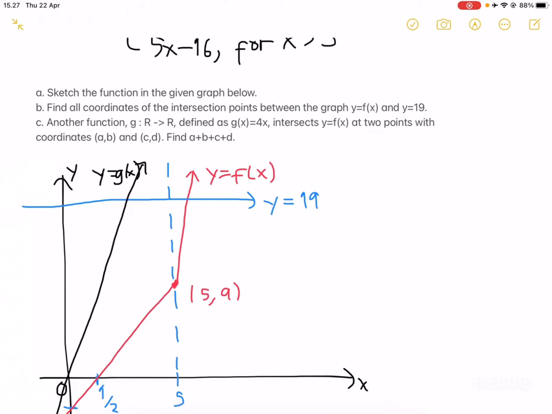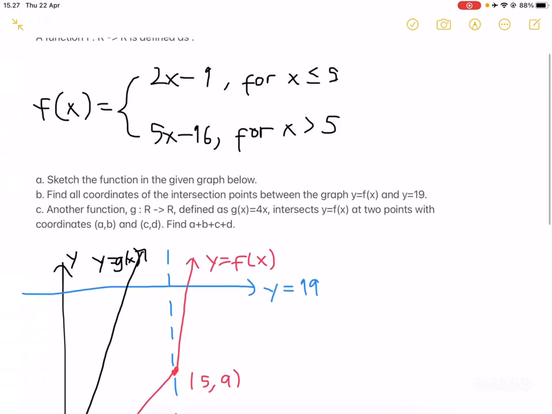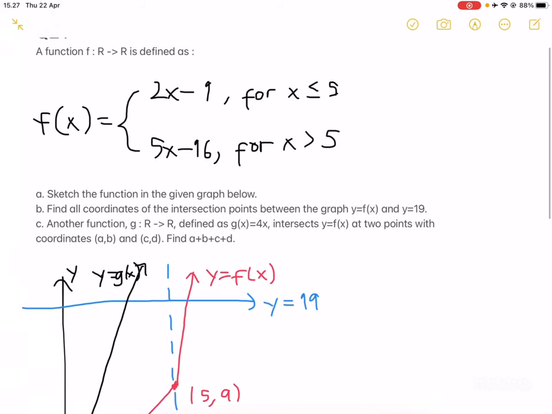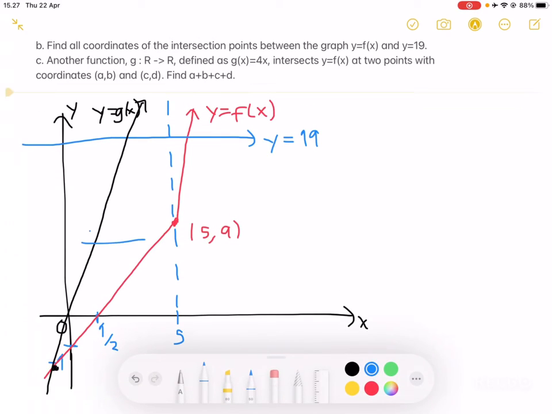So here we indeed have 2 points of intersection, each at different parts. One is on the left hand side of the domain, which is less than or equal to 5, and the other point of intersection is located right there, on the right hand side of the domain.